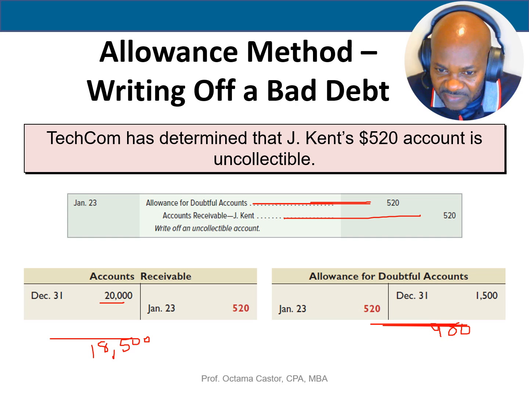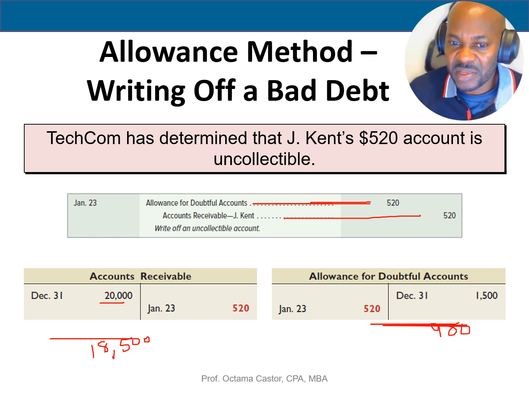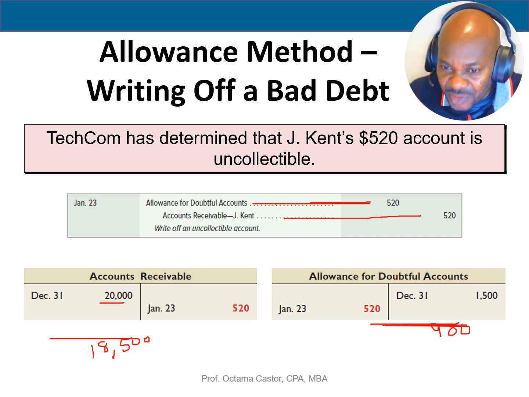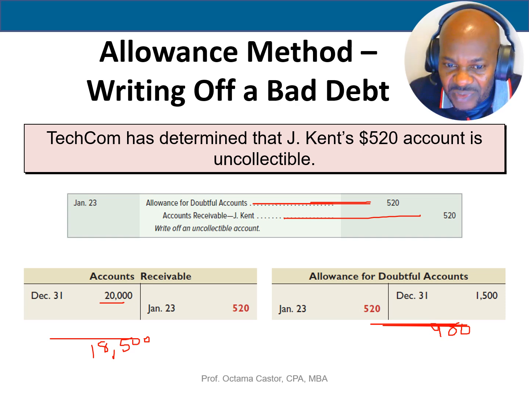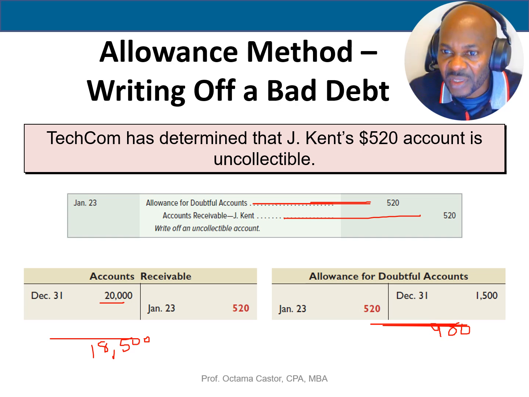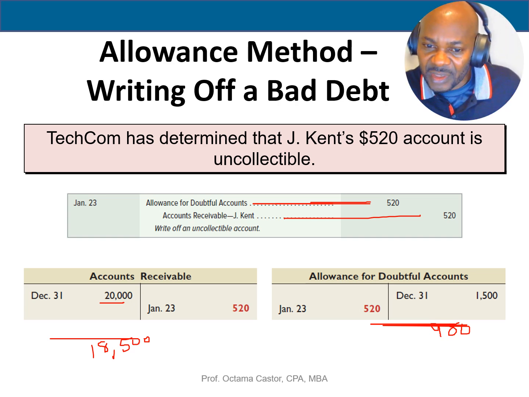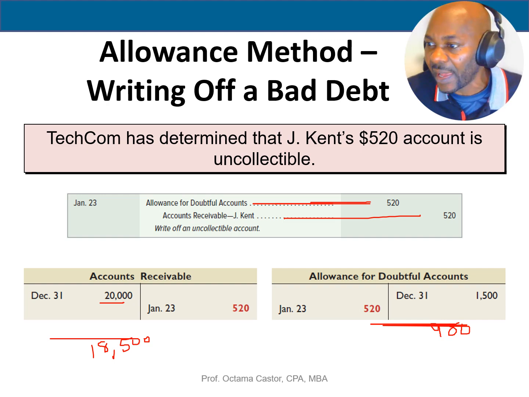That was $18,500. After the write-off, the accounts receivable balance is $20,000 minus 520, and minus 980 would still give you $18,500. That's what I'm going to show you in the next slide, that the write-off entry does not impact the net realizable value of the accounts receivable.